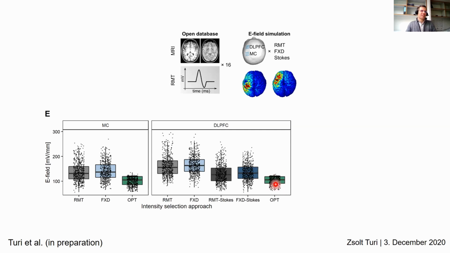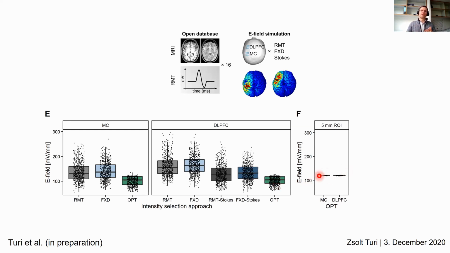You still might say that here the E-field values, the variability is disturbingly large. The reason is that here, for example, for these values, I optimized for the 5 millimeter spherical ROI and not for the other ROIs. And then, of course, if you check the other ROIs, then you still get some variability in the E-field.